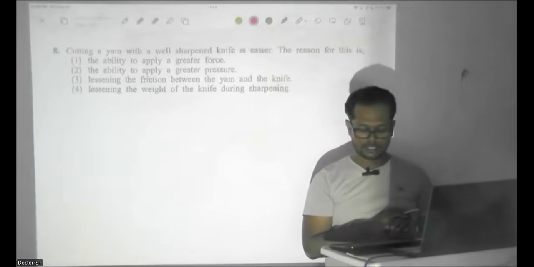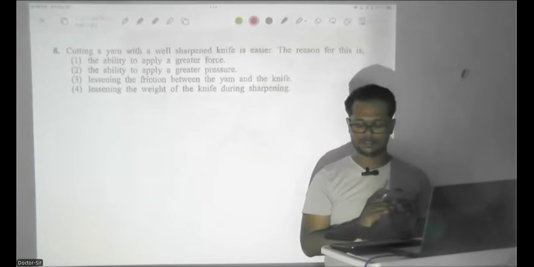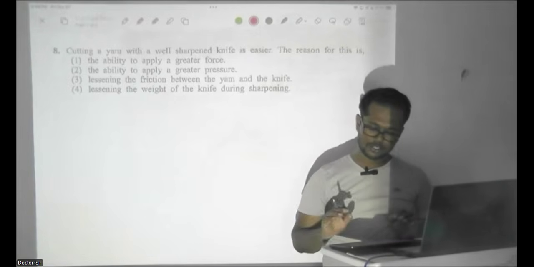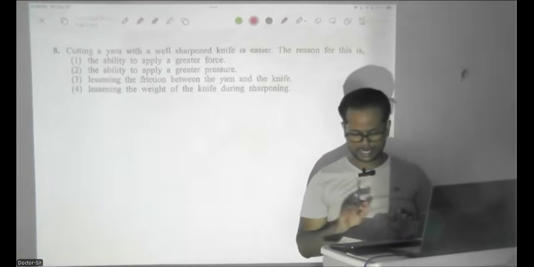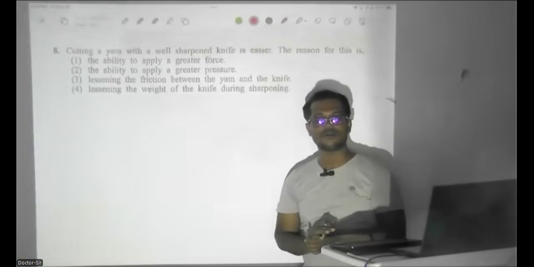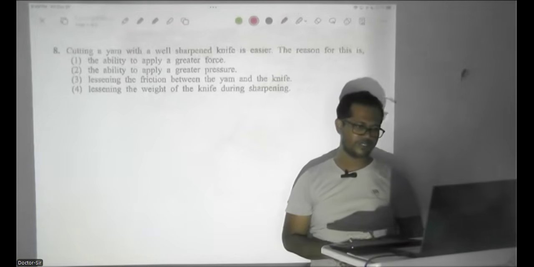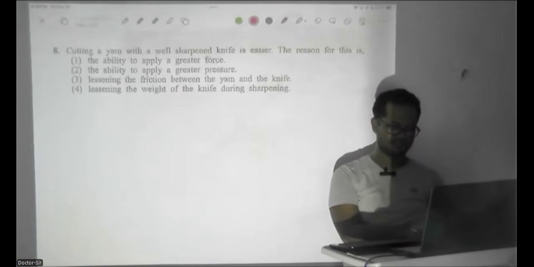Cutting a yam with a well sharpened knife is easier. We see these things: with a sharp knife, the cutting process is much easier. So what is the reason for this? Why is it easier? Tell me your answers. I want your answers first, then I will go for the discussion.